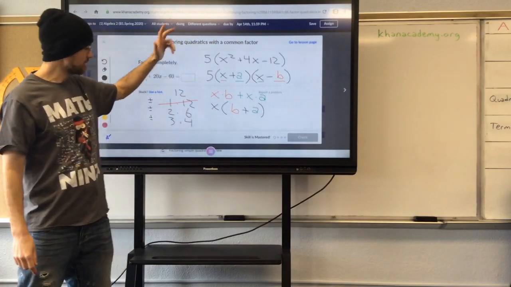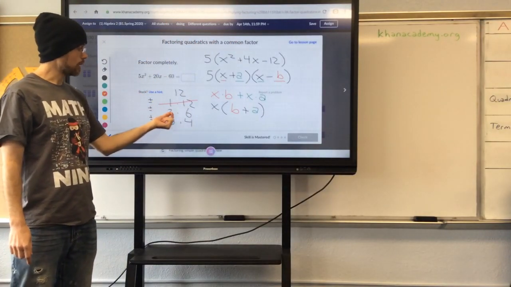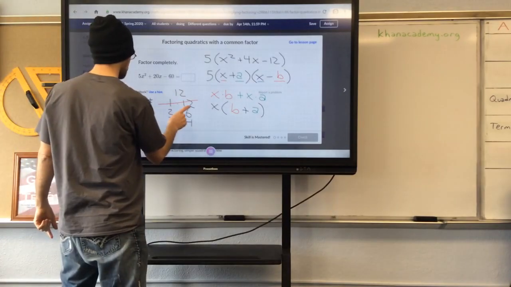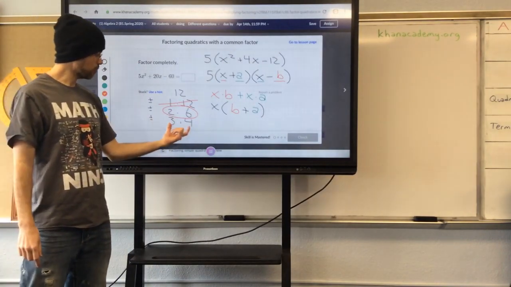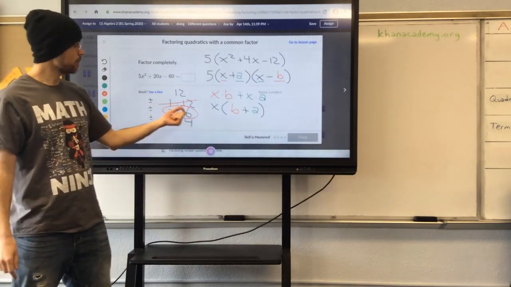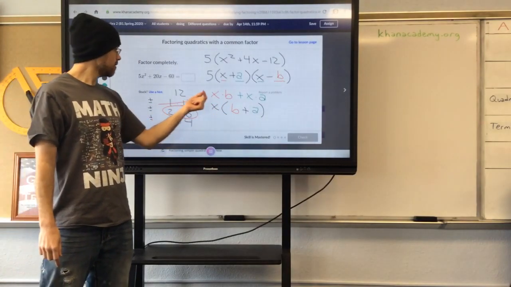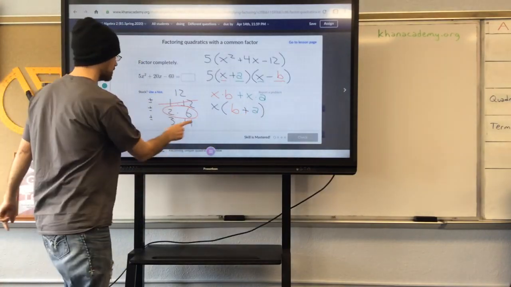This is positive, so that's not right. But if I reverse that and say it's negative 2 plus 6, that will give me 4. So this right here is true. And just to confirm, 3 and 4 won't work because negative 3 plus 4 is 1. And 3 minus 4 is negative 1, so that's not okay.